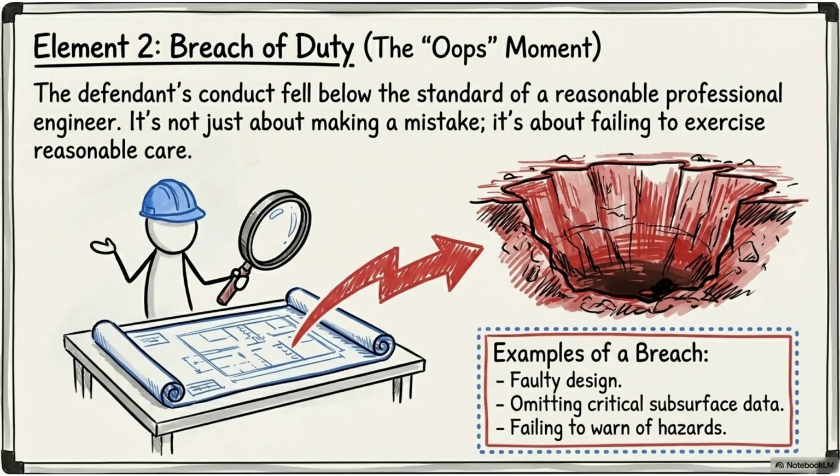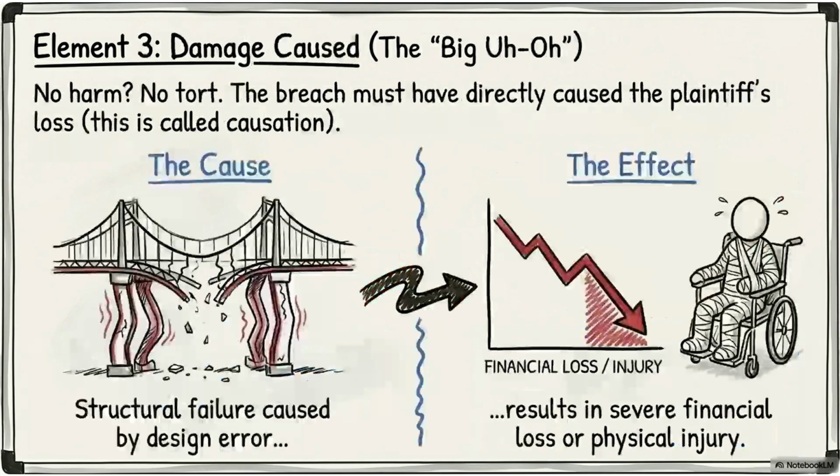That's why the courts usually ask for technical advice from other engineers when a case is raised before them, to confirm what another professional engineer could do in that case and to verify if the defendant did perform the due diligence or not. Examples of a breach could be a faulty design, omitting a critical survey, failing to warn of hazards.